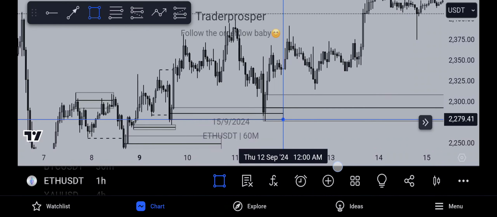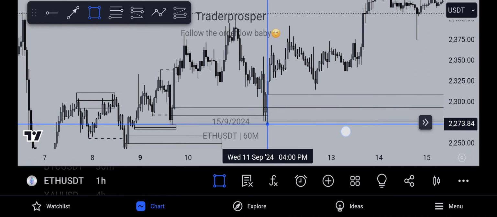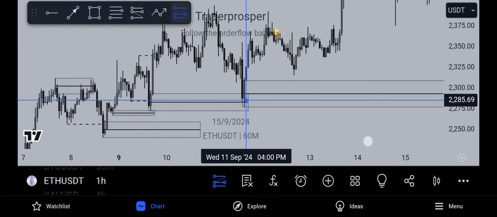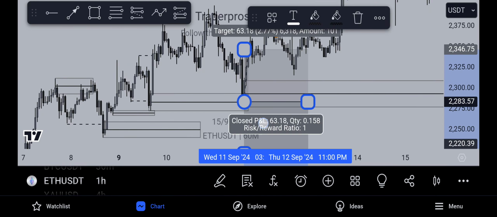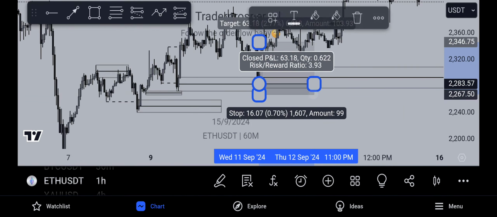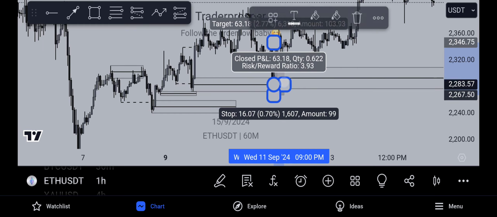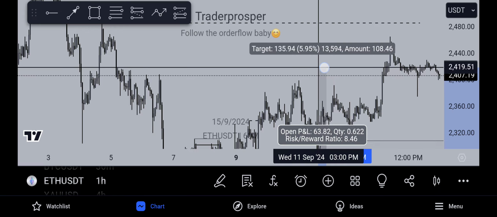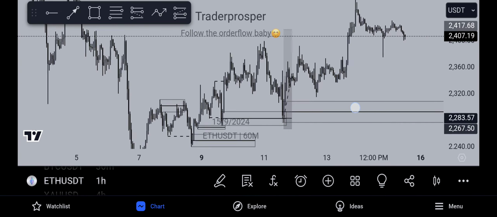I took 50% of that zone, and boom, he just gave us that trade. He also had a second entry here. So overall target was all these liquidities here.